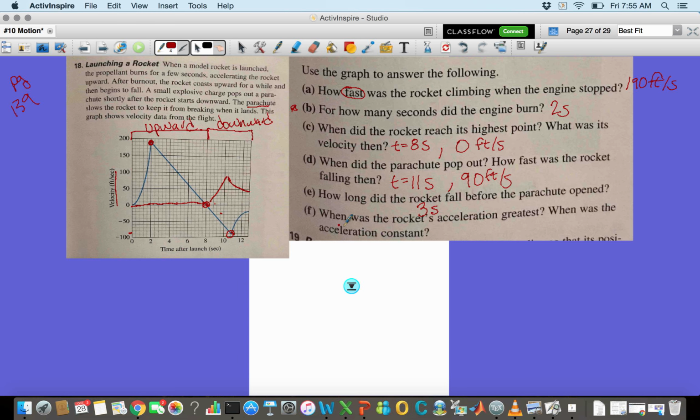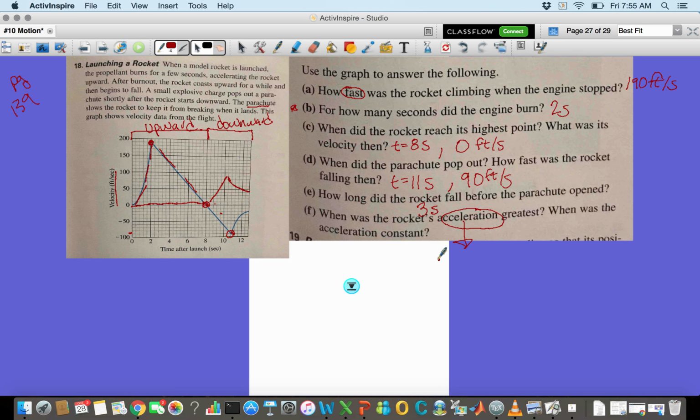Part F. When was the rocket's acceleration greatest? When was the acceleration constant? Acceleration is going to be the slope of this graph. If we were to sketch tangent lines, the slope of those tangent lines would give us acceleration, which is the derivative of velocity.